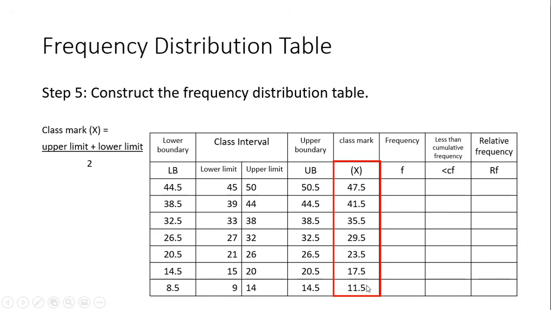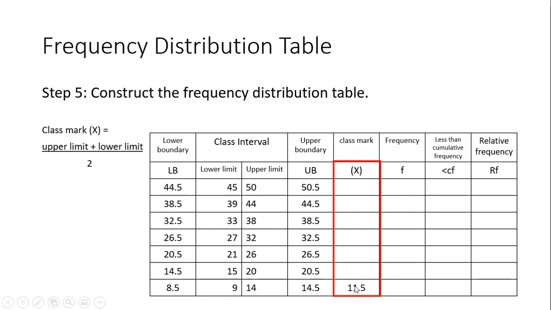And then followed by 15 plus 20 divided by 2, that's 17.5. 21 plus 26 divided by 2, that's 23.5. Or again, as I have highlighted a while back, the intervals or the difference for two consecutive data which are found on your lower limit, upper limit, or your boundaries will always be equal to your class size. Okay, so in short, let's go back here.